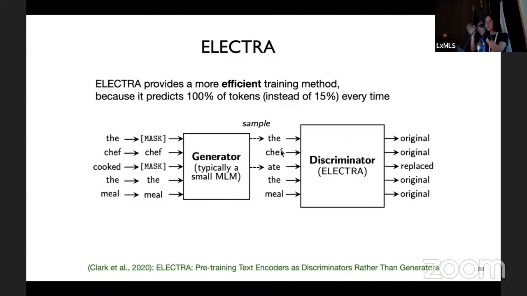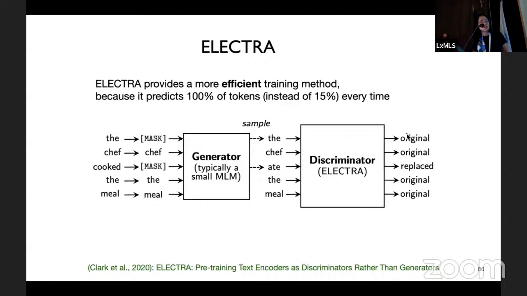Then they train this encoder model with a different objective to predict whether each word has been changed or not. Here it should predict original, here original, but here the word ate is different from the original word cooked. So it's a binary classification task to predict original versus replaced. An important thing here is that the input is all natural text, so you don't have any mask token. That reduces the discrepancy between pre-training and fine-tuning.